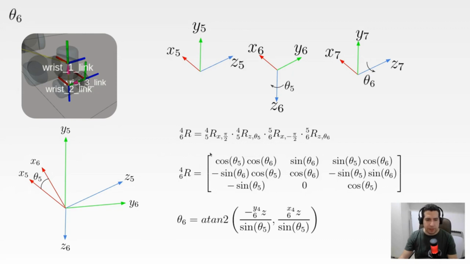And you know that tangent is sine by cosine, so we need to get this relationship with the elements of this matrix.